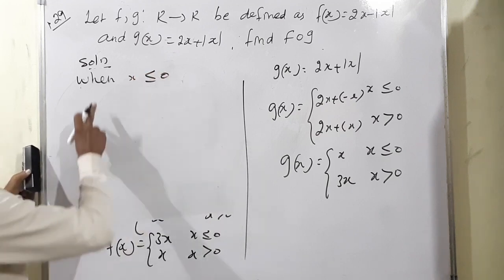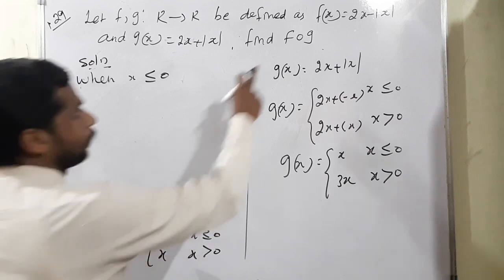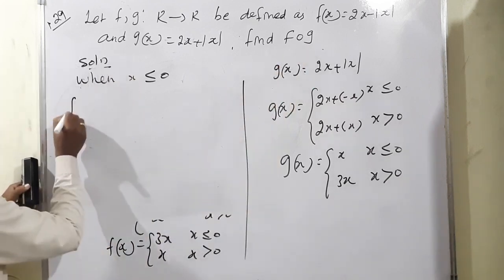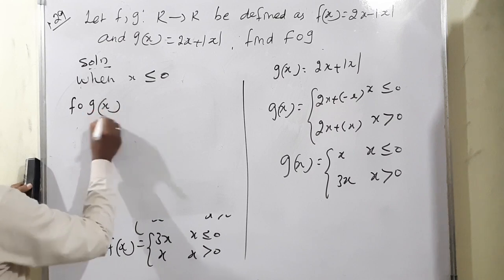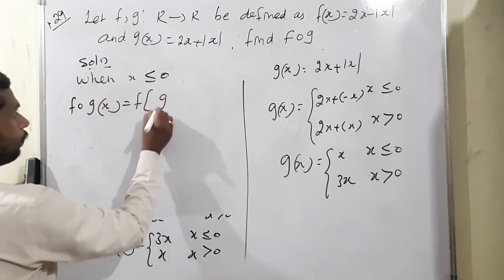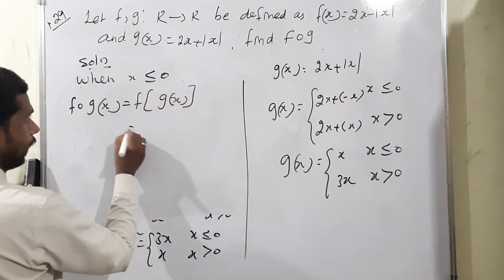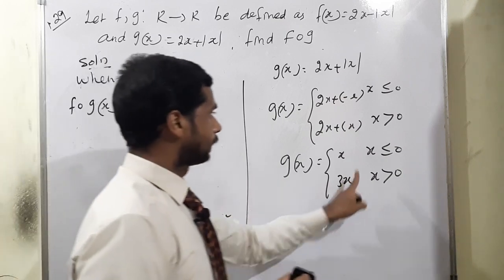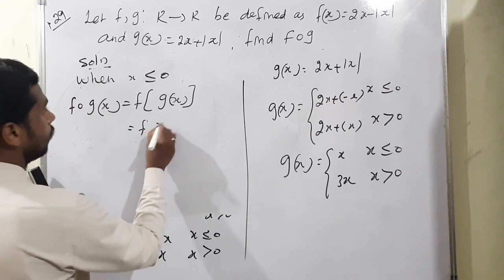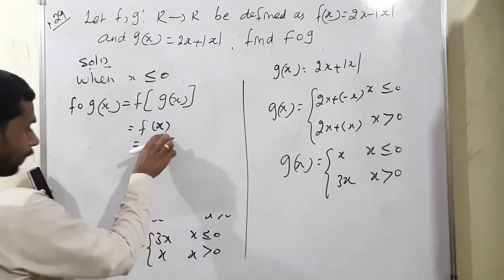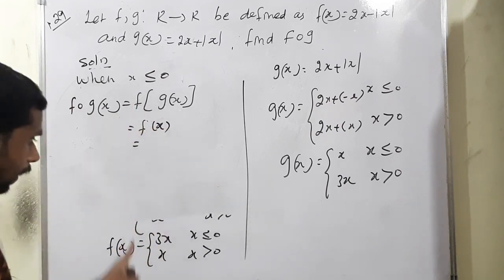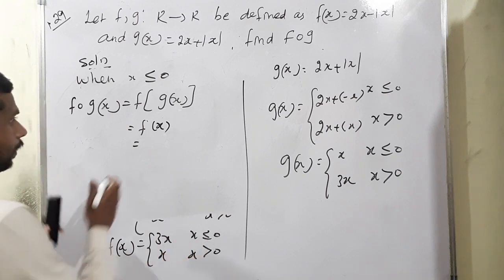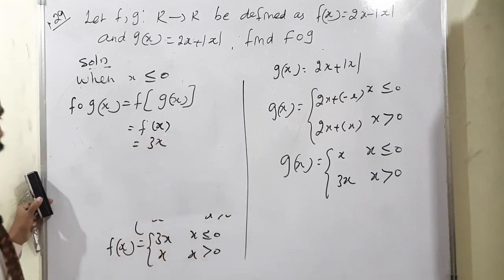The given f∘g of x is equal to f of g of x. Again, g of x for x less than or equal to 0 is only x, isn't it? Again, f of x for x less than or equal to 0 is 3x, isn't it? The answer for the first case is 3x.